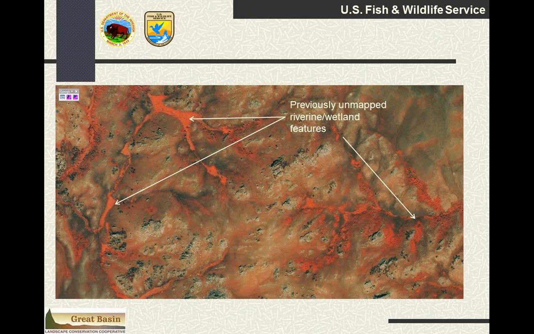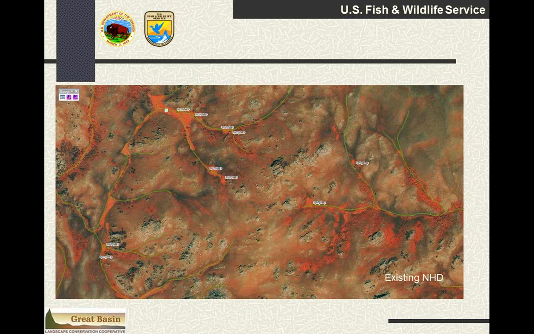But you can see in the photos that there are quite a few wet meadows, or what appear to be wet meadows in here. This is the NHD data that we have been using to help inform our mapping process, and you can see they have pulled out quite a few seeps and springs and other features that coincide with the wet meadows that we would typically like to map.